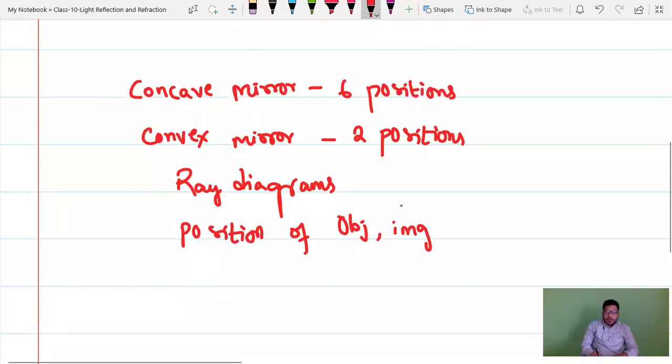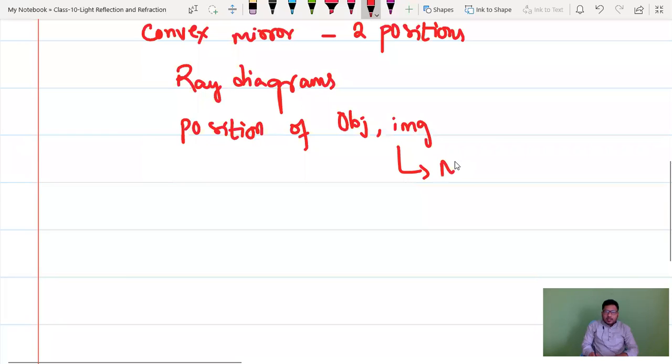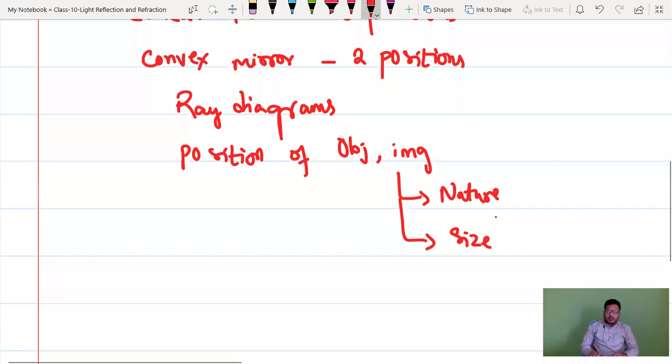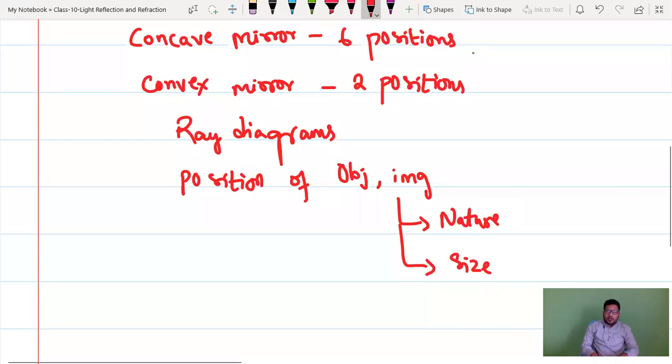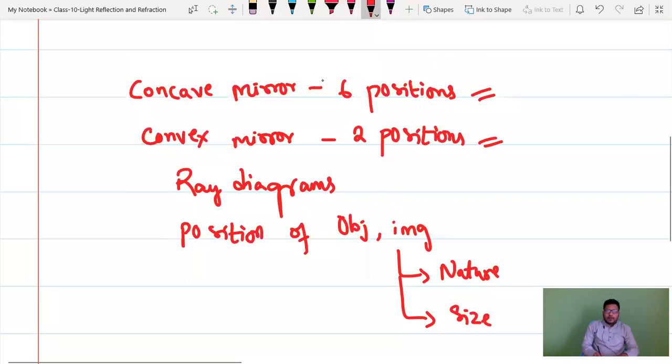Again, regarding the image, what is the nature of the image, what is the size of the image, the table you must remember regarding this. 6 positions of concave mirror, 2 positions of convex mirror. In last lecture we have seen 5 positions regarding concave. Today we will see the 6th position of concave, at the same time 2 positions of convex, right?